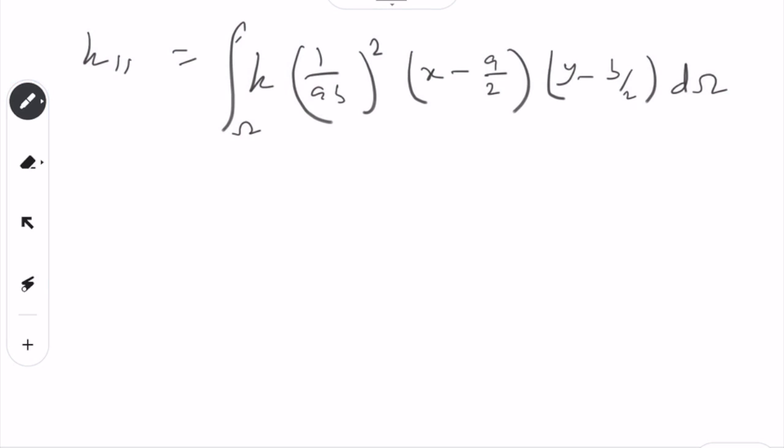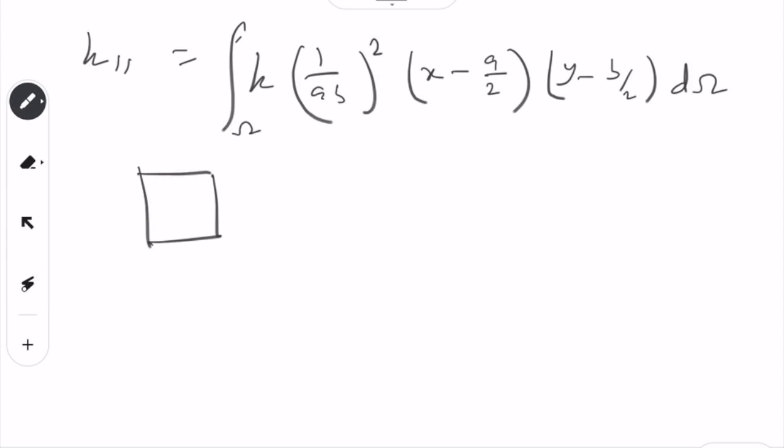When we say omega, that really means we have to now implement the integration, and we are saying this is the area over which we have to integrate. This is an area integral basically.